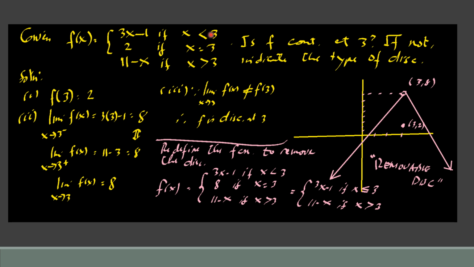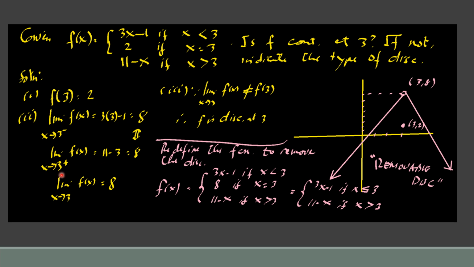Since one of the endpoints of the intervals involved is 3, we check the one-sided limits. So the limit of f of x as x approaches 3 from the left is equivalent to x less than 3, 3x minus 1. And the limit of 3x minus 1 as x approaches 3 is equal to 8.